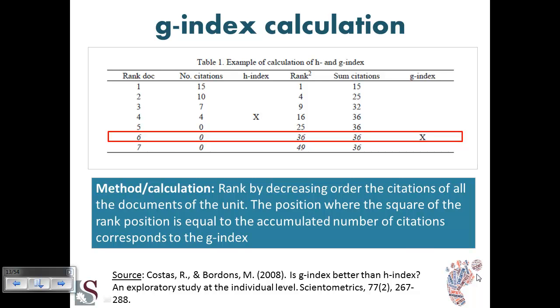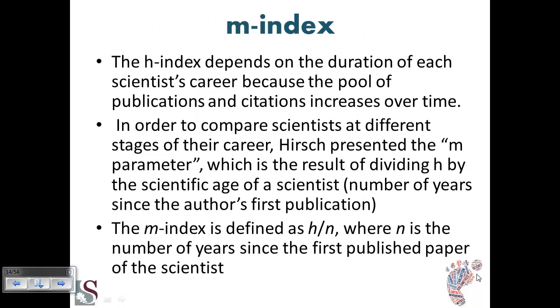Then if we quickly have a look at the M index. One of the limitations of the H index is that it favors more established scientists who have had a longer time to accumulate citations.